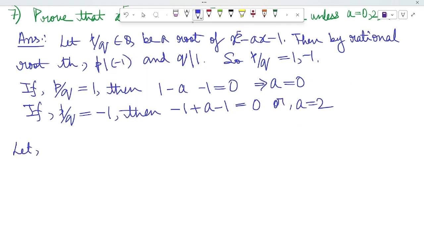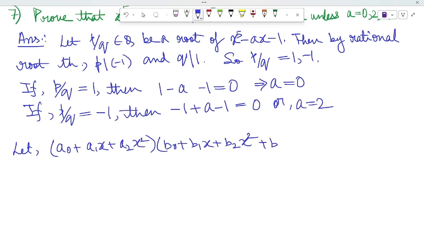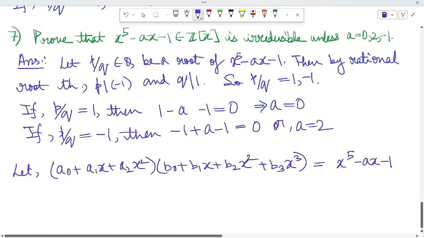Let the degree 2 factor be a0 plus a1x plus a2x square, into b0 plus b1x plus b2x square plus b3x cube, equal to x to the power 5 minus ax square minus 1.